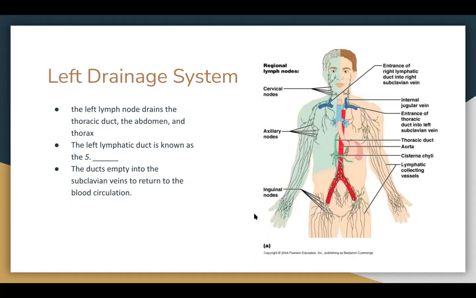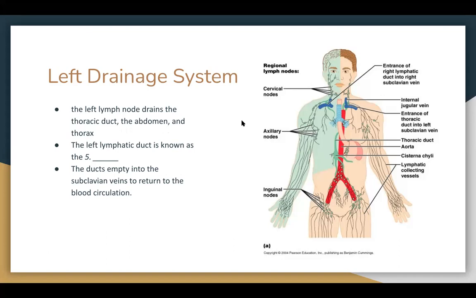So then for the left drainage system, for the left one, it takes everything else in your body. So excluding the right side, it takes your lower body, your left arm, your left thoracic area, and your left head and neck. All of these nodes empty into the thoracic duct.